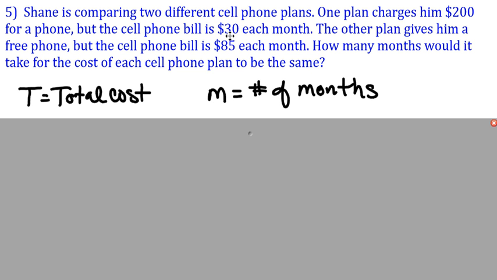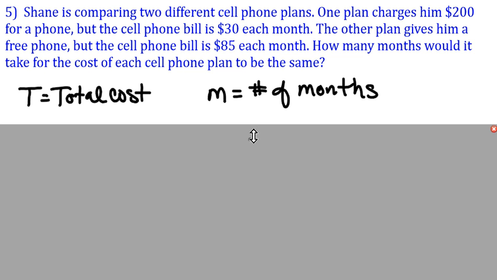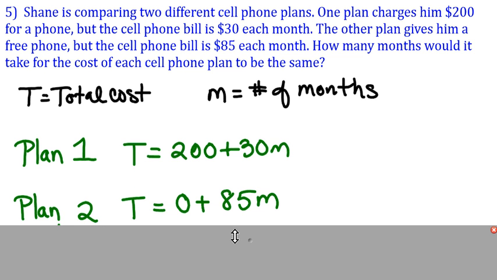We got an equation. Now plan 2 has another total cost, T. It's a free phone. That's great. We're not paying anything except for the monthly fee, $85 a month. T equals 0 plus 85M. Or I could just say 85M. So to recap, there's our equation for plan 2.